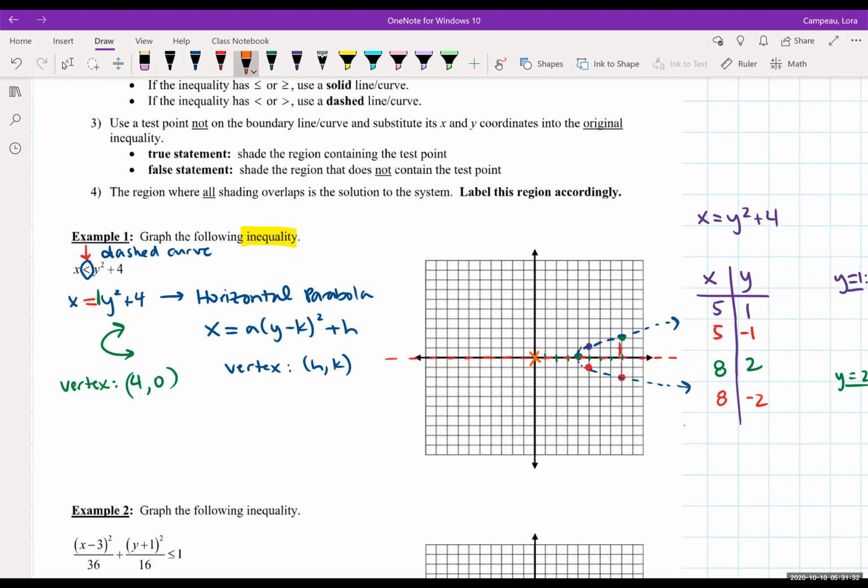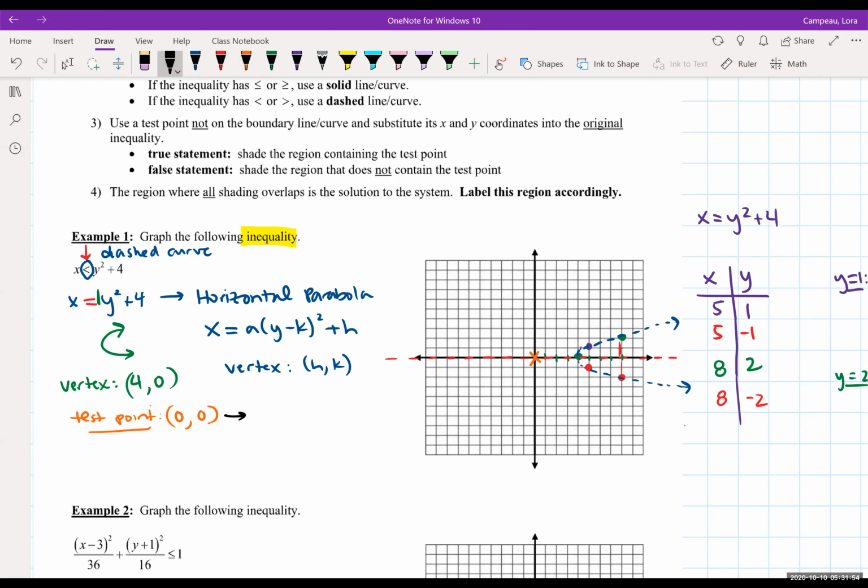But I don't have to choose that. If the curve goes through it, I can say like 0, 1 or anything like that. So I'm going to pick my test point. In my case, I'm just picking something that the curve doesn't go through. It is 0, 0. And I will plug this into the original inequality.